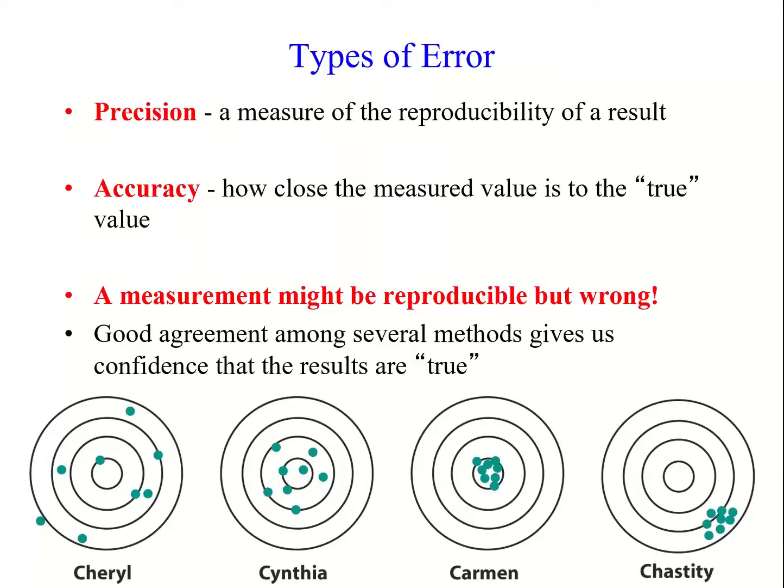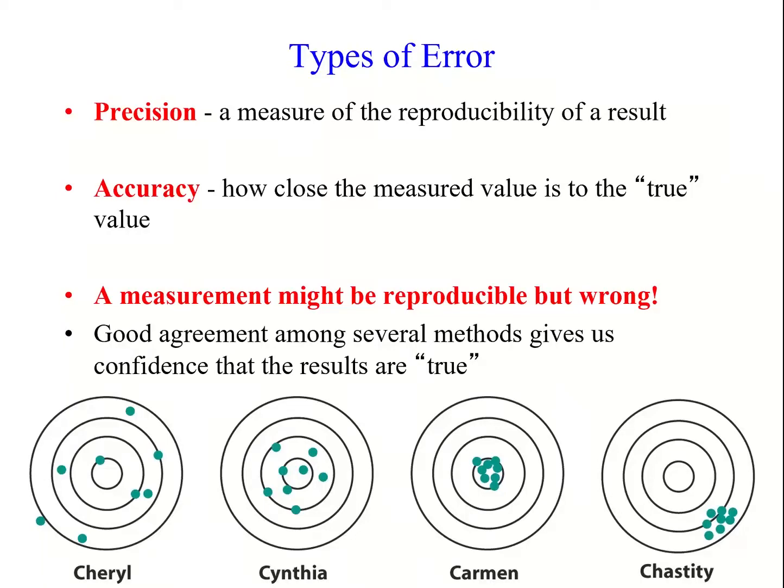For example, if you have a known standard available, the accuracy shows how close you are to the known value. A measurement might be reproducible but wrong. And good agreement among several methods gives us confidence that the results are true.